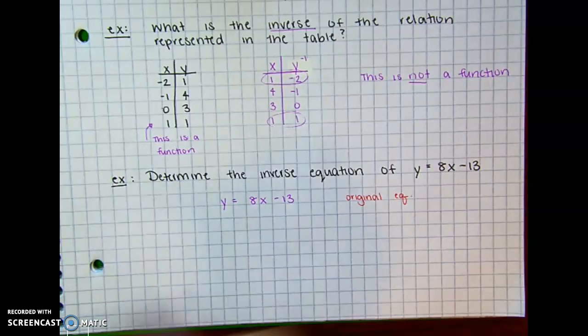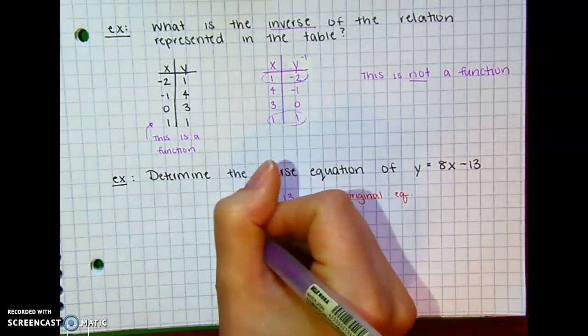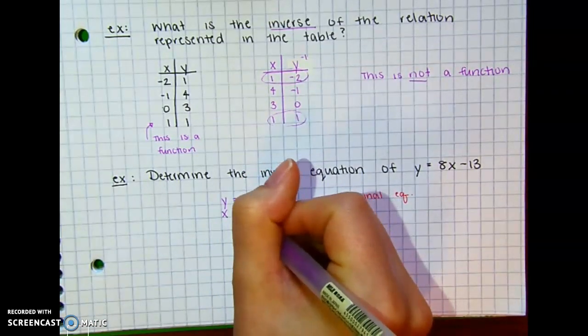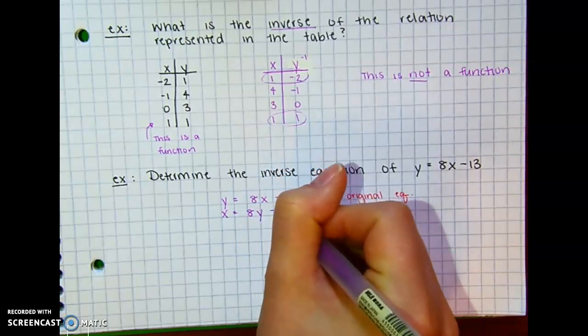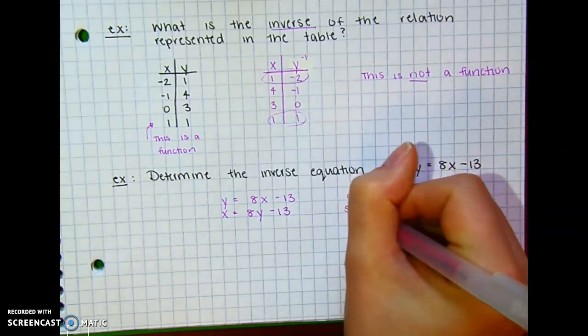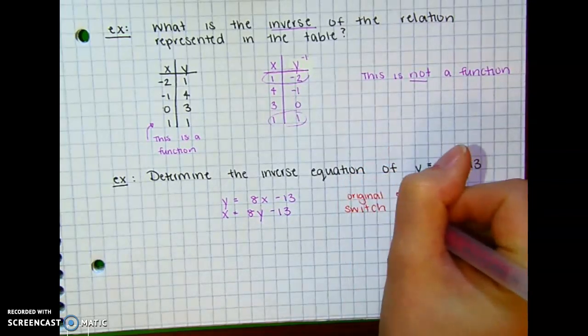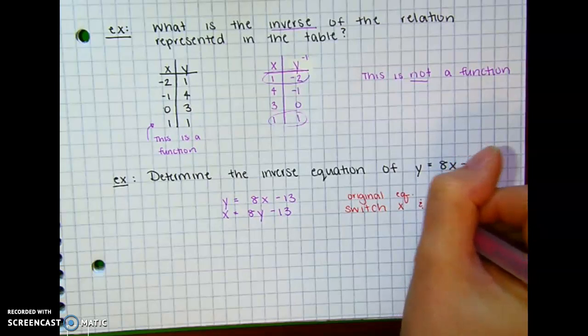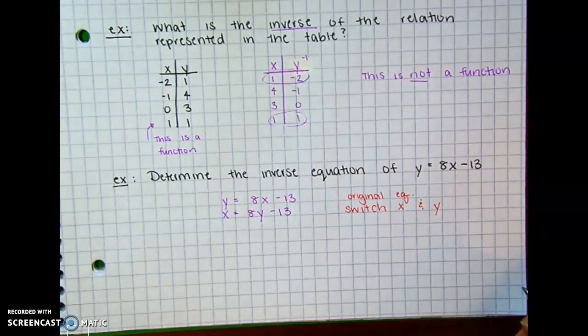So this is now going to be x, and this is now going to be y. So we switch x and y, and now we're going to solve for y.